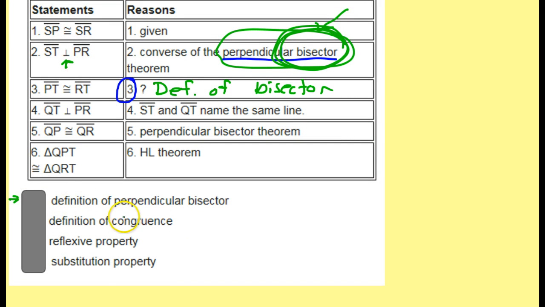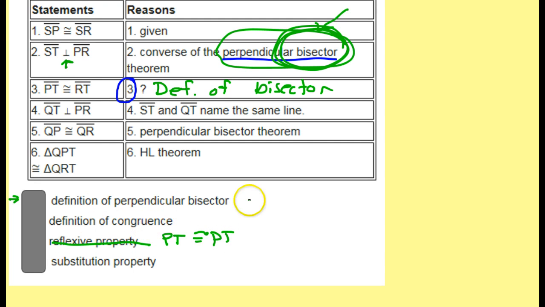Now, I'm more sure of that when I look at the other choices. For example, reflexive property is when you have something equal to itself. If this said PT is congruent to PT, that would be reflexive property. I know it can't be that one because it's not the same thing twice.